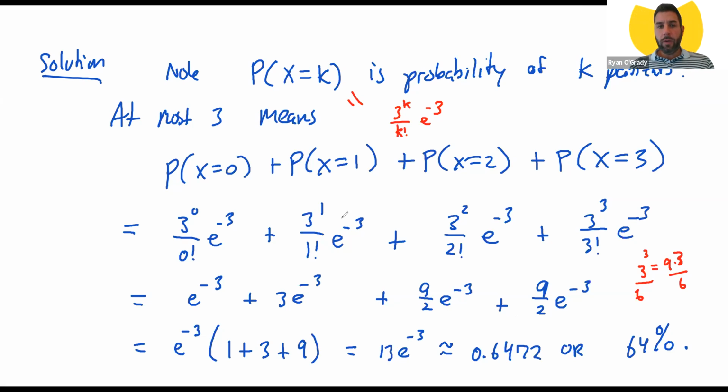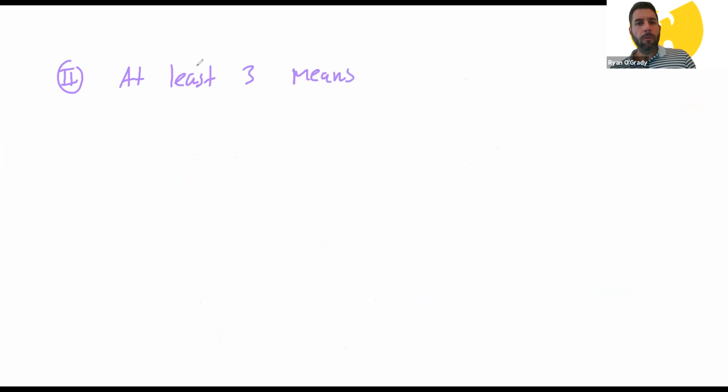So the next question, this was part 1, by the way. I asked you to do 3 things. And then the next one, I asked to do what? I said at least 3, right? So at least 3 means 3, 4, 5, forever and ever.